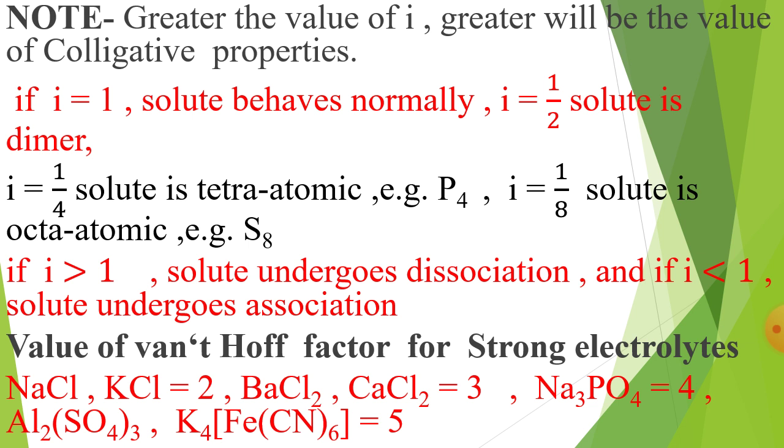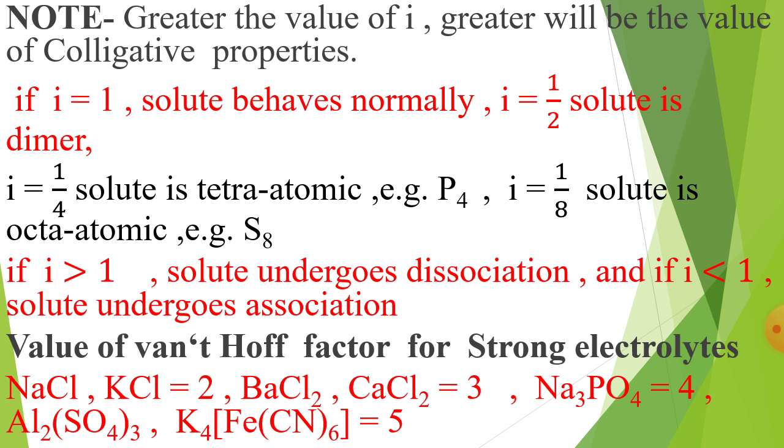If i is more than 1, this shows more particles, so the solute undergoes dissociation. And if i is less than 1, the solute undergoes association. So in case of dissociation, the value of i should be more than 1, but in case of association, the value of i should be less than 1.